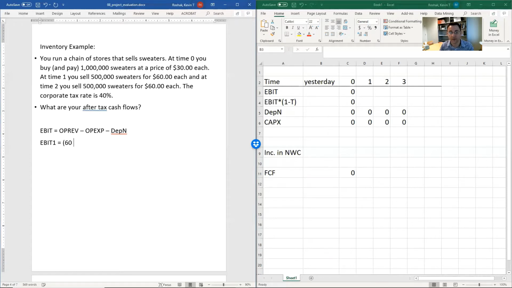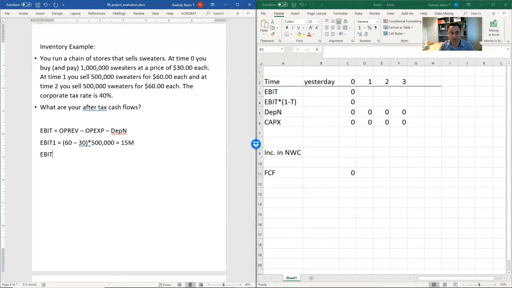You're selling them for $60, you're expensing the $30 that you paid for it, and you sell 500,000 of them. So that's going to be $15 million in profit. $30 times 500,000, so 30 times half a million is $15 million in EBIT at time 1.